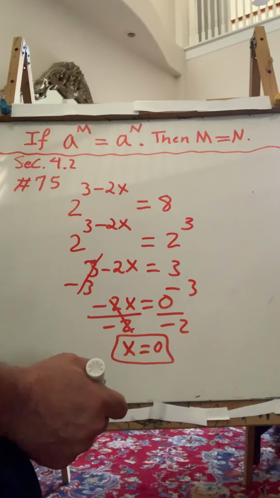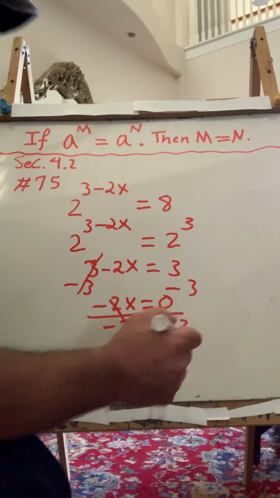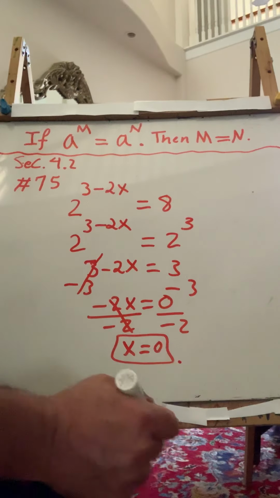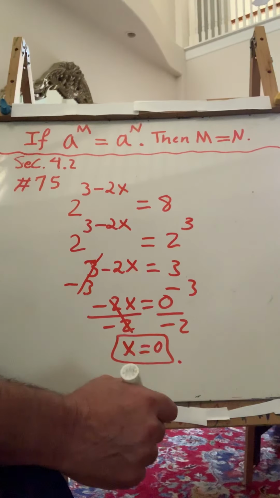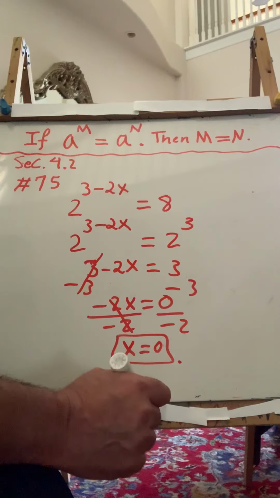Okay? Now, for these equations you're not going to be asked to check them. But as you know, you can always check any equation to make sure that you have found the correct solution, though these are not required to be checked.